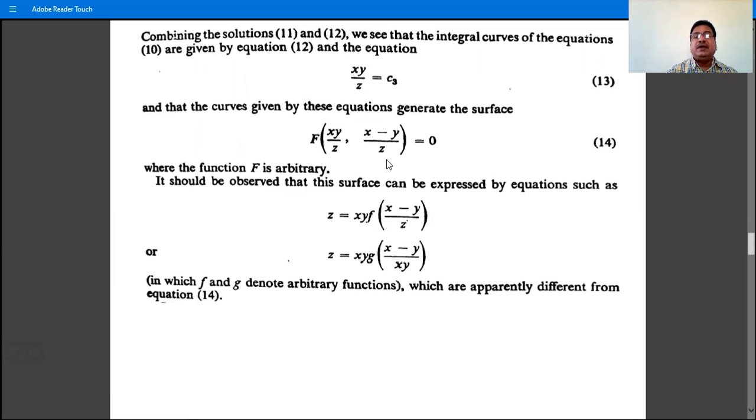So we can write this solution in this form: z is equal to x into y, and then it is a function of x minus y by z.